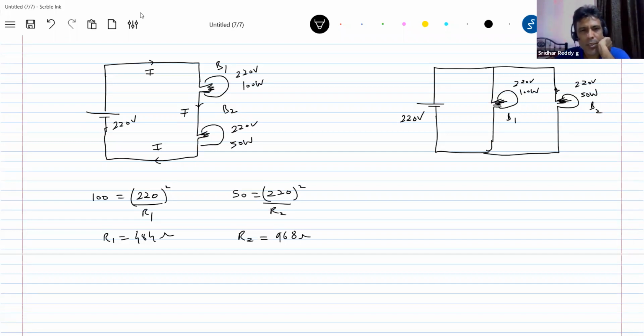Okay, now what is the power dissipated in the bulbs? We'll check it. P1 equals I square R1, and P2 equals I square R2. No need to calculate, we can directly look at this. I'll divide these two, P1 by P2. The same current, so it is R1 by R2.